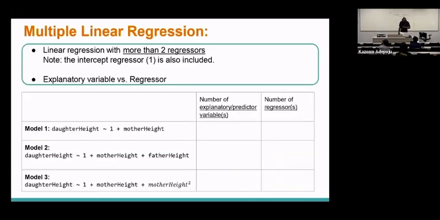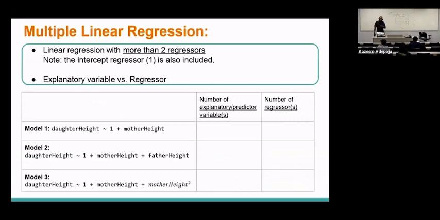Now, do you know that if I want to predict the daughter height, I may have 3 competing models in my mind. The very first model, model 1, says the only thing I think is relevant to predicting the daughter height is the mother's height.